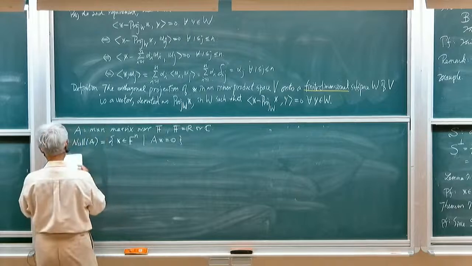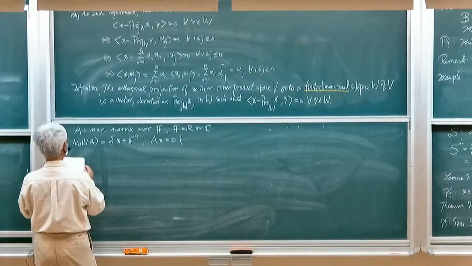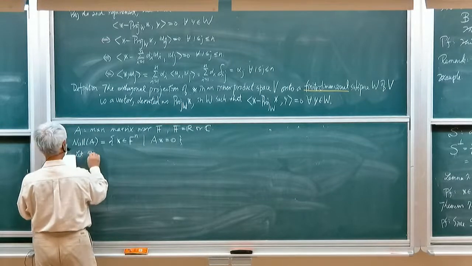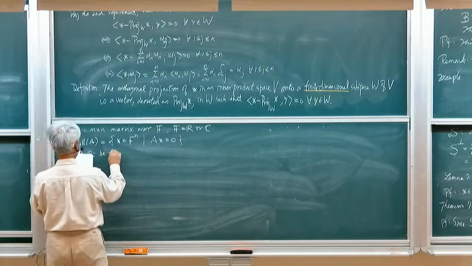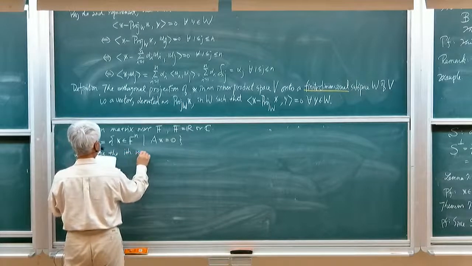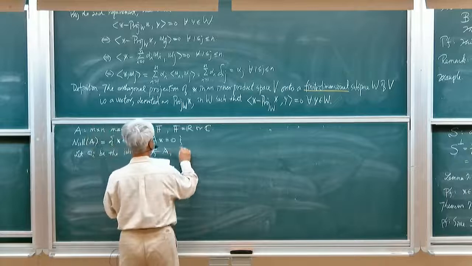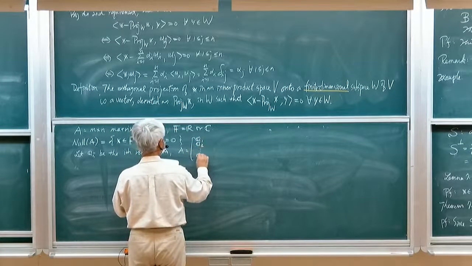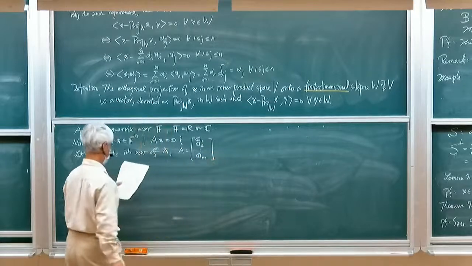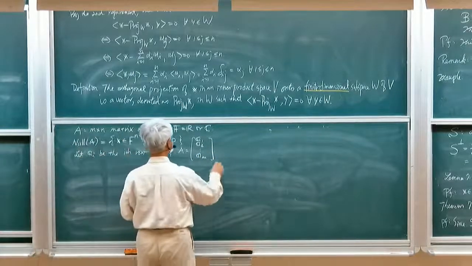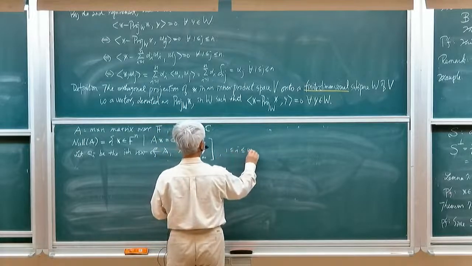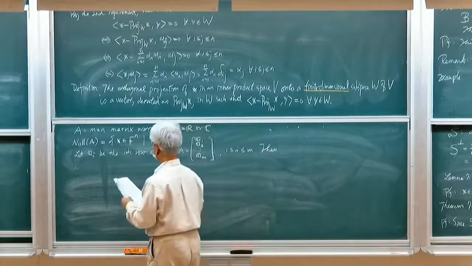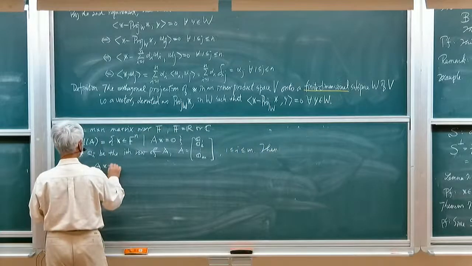All right, and so we let A_i be the ith row of A. Means A is equal to A1, A2 up to AM, because we have M rows here.